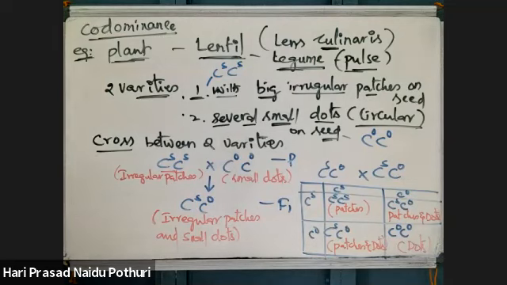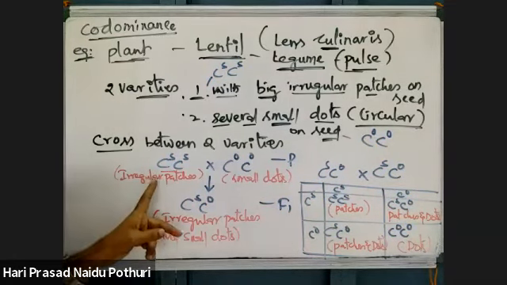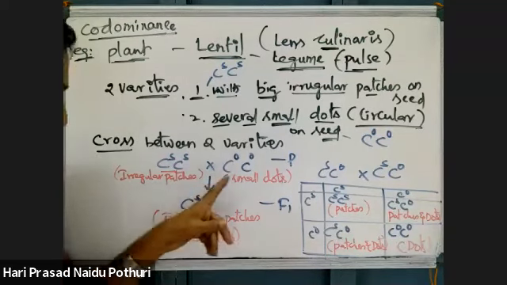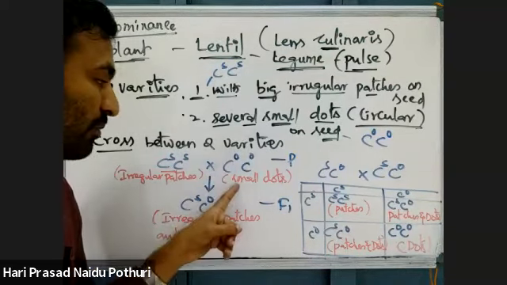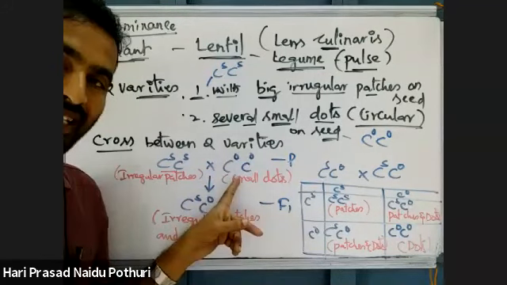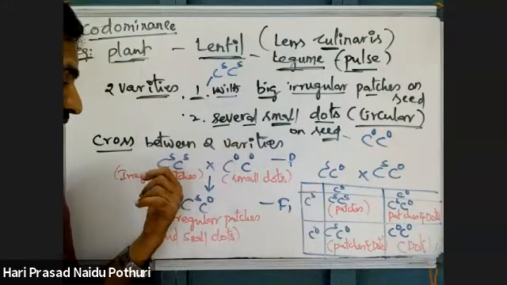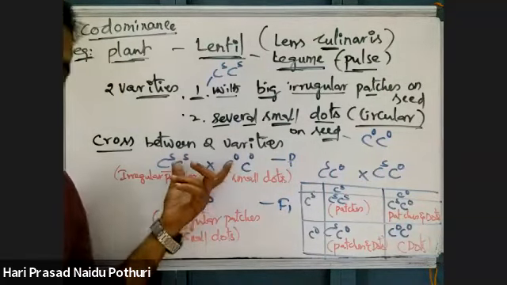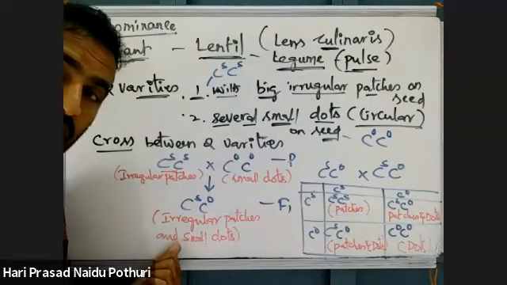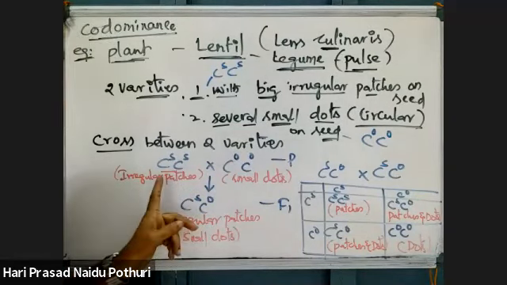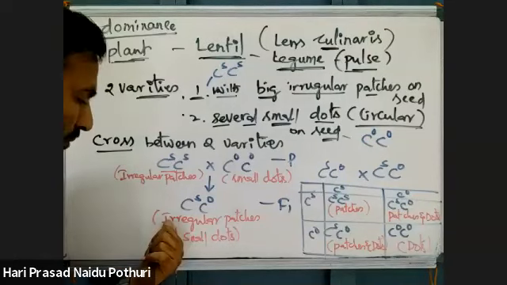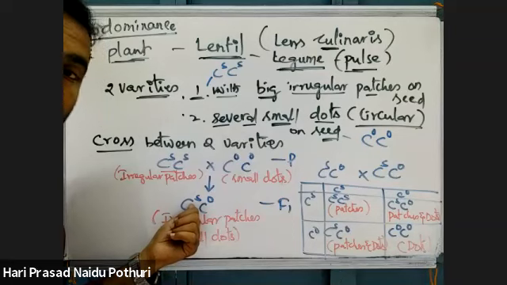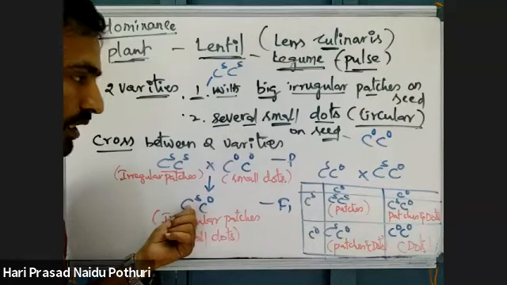When the plants with seeds with irregular patches are crossed with plants producing small dots on seeds, this is one seed property, this is another seed property. So when these two plants are crossed, in F1 the progeny will get two characters from two parents. This character is taken from this parent, this character is taken from the other parent. Both characters are expressed in F1. Okay?